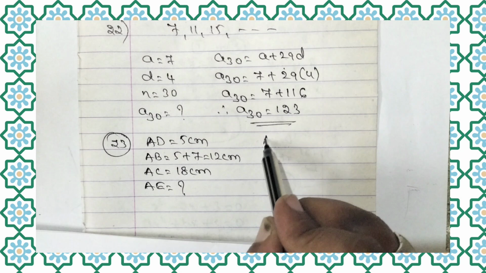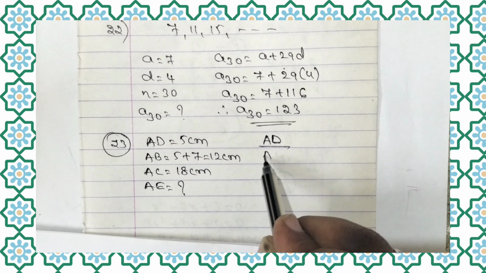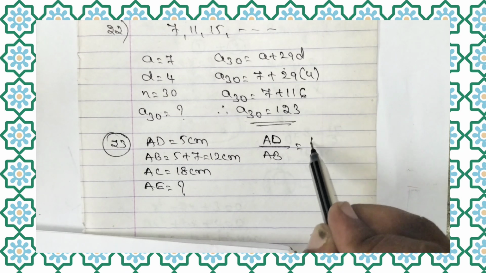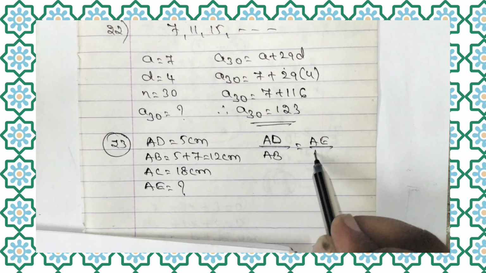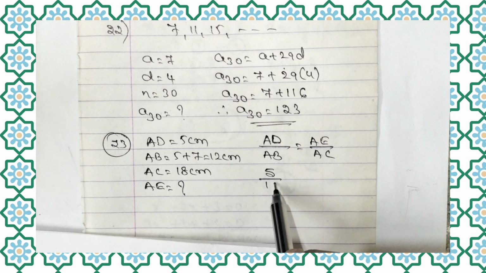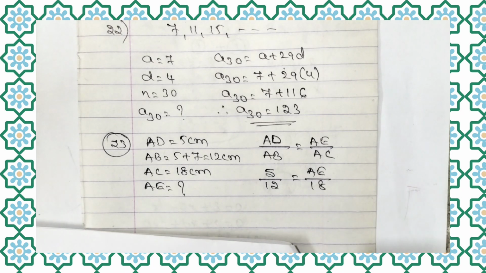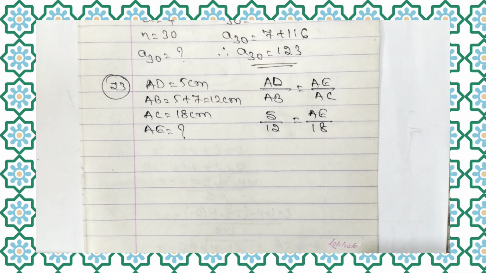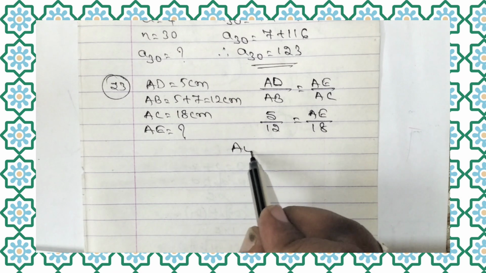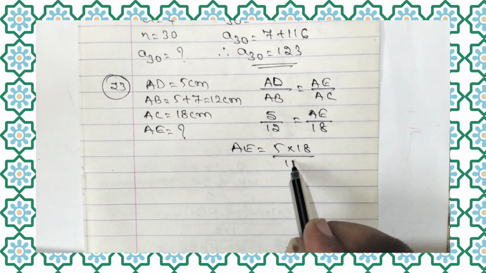So if we apply the corollary of Thales theorem, we will get AD by AB will be equal to AE divided by AC. AD is 5, AB is 12, AE we don't know, divided by AC is 18. So AE is equal to 5 into 18 divided by 12.